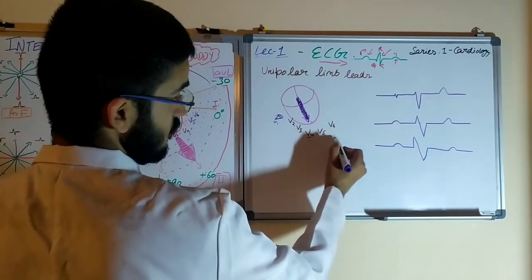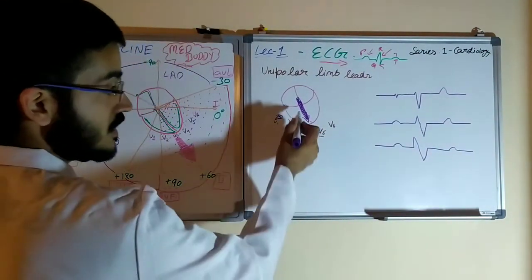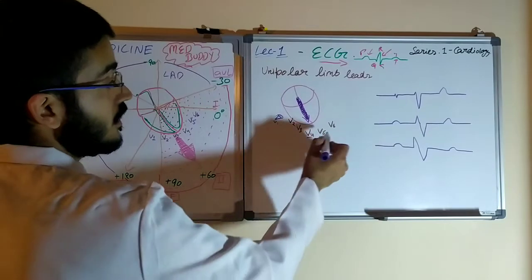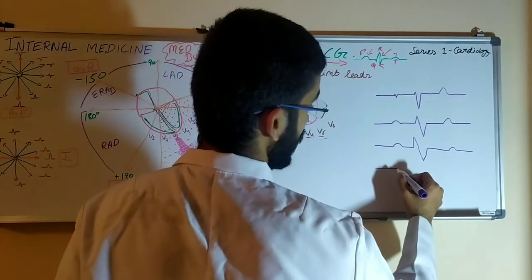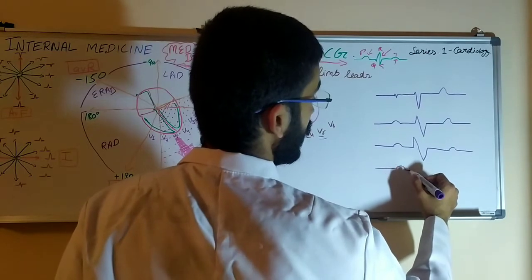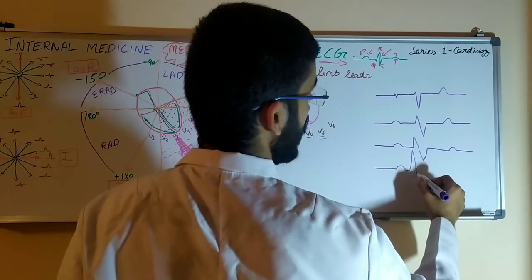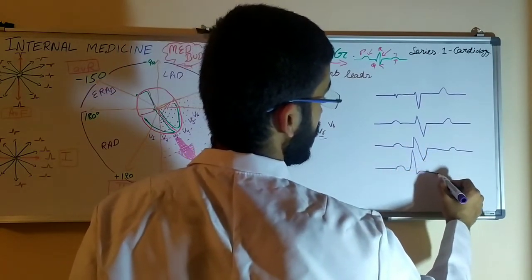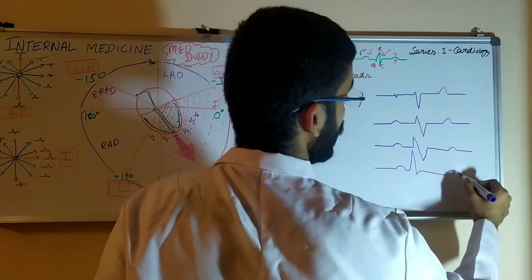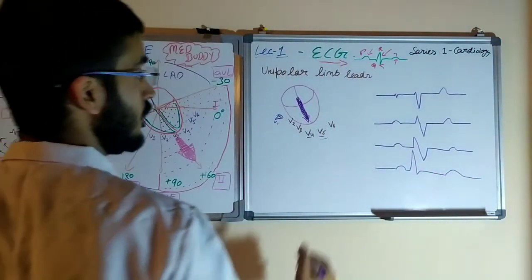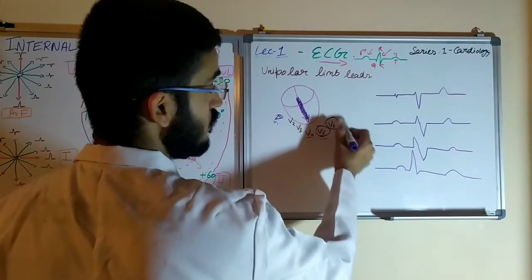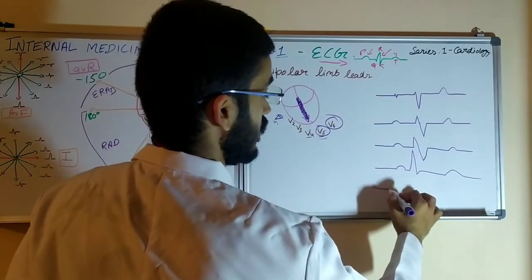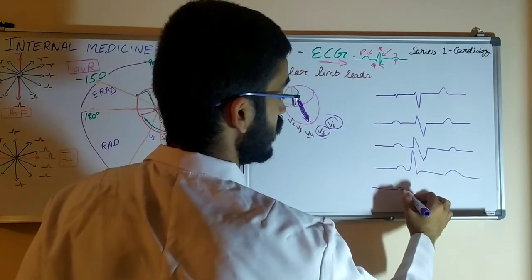Now let's see V4 and V5. The largest component is directly towards these leads, and it is going to present something like this: a very large positive component and a negligibly smaller negative component. A similar thing will appear on V5, while on V6 it will be quite smaller.